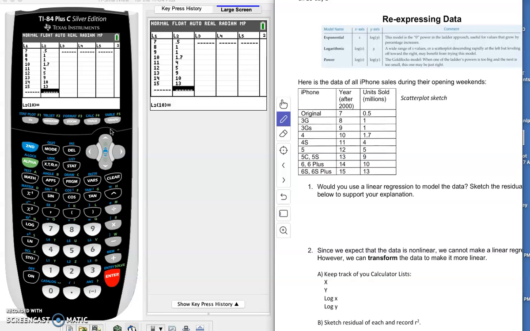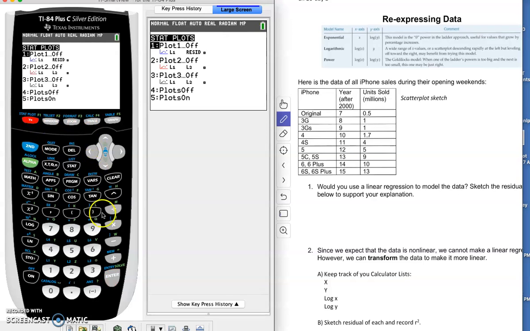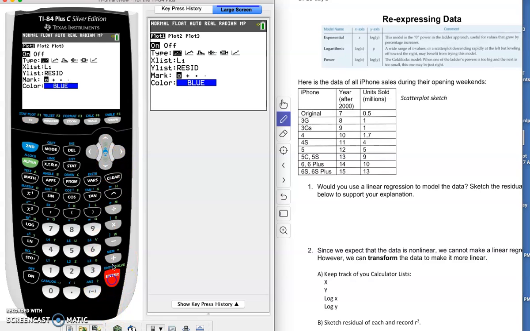It says here is all the data of all iPhone sales during their opening weekends. I've taken this data and entered it into my calculator, and I'm supposed to make a scatter plot sketch. So I'm going to go into stat plot and do that. Turn my plot on, select scatter plot, and my data is in L1, and I need to change this to L2.